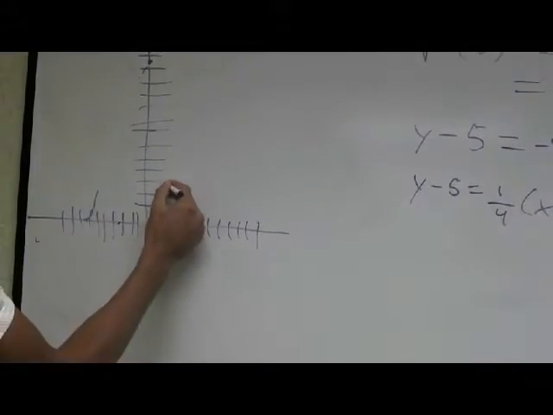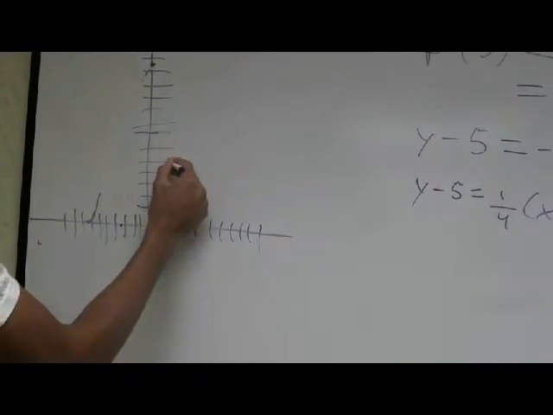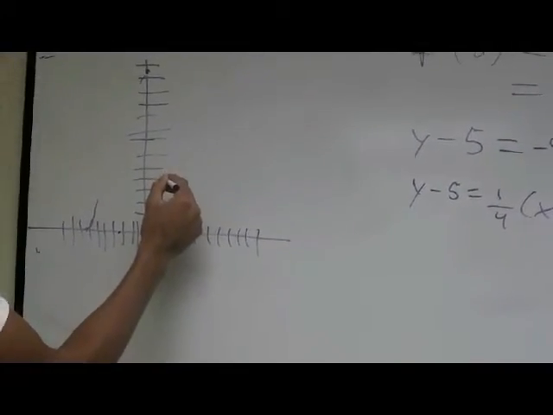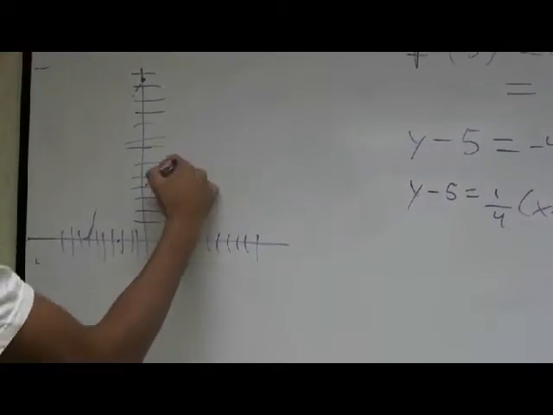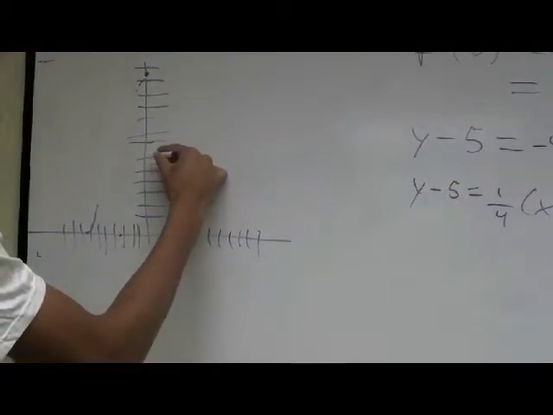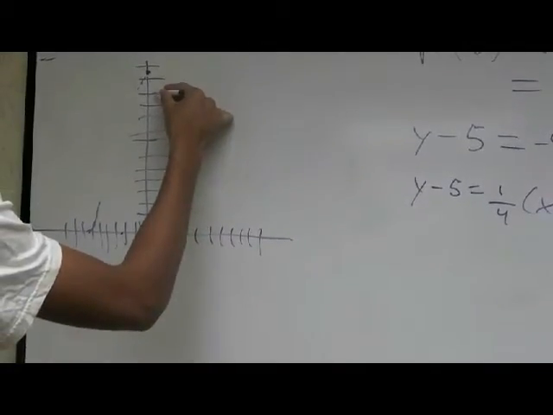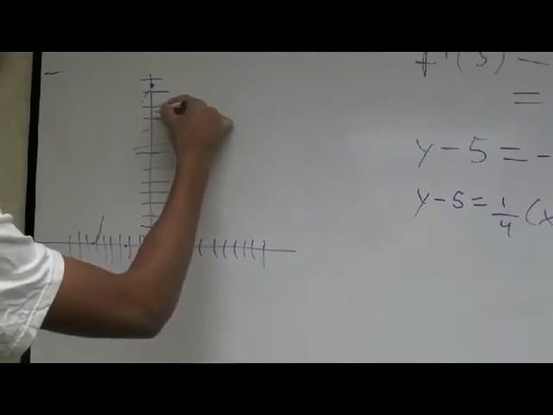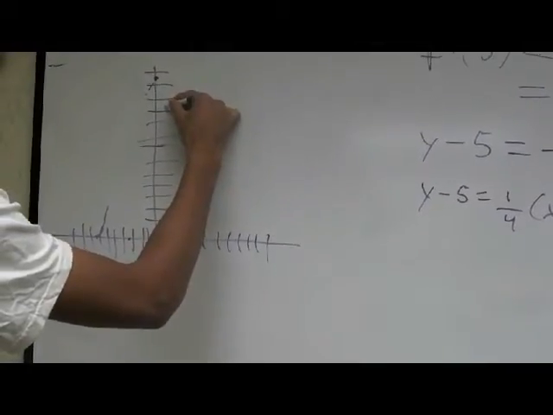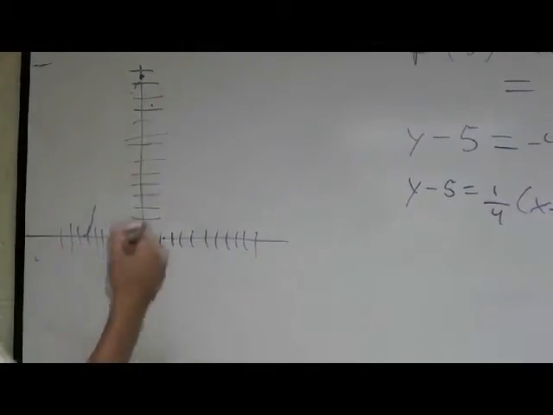So 2, 4, 6, 8. I just look for the x-intercept. 2, 4, 6, 8, 10, 12, 14, 16, 18, 20, 22 is right here, so 21 is going to be about here-ish. Just use your slope.